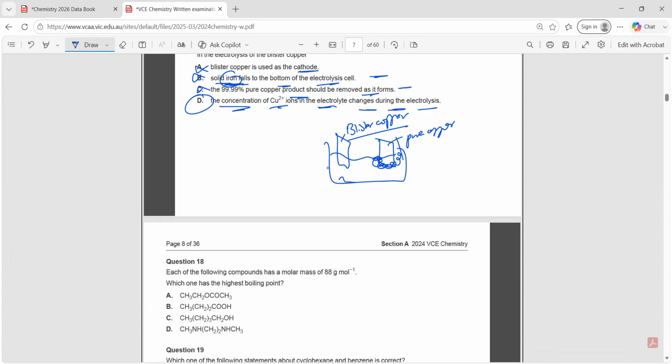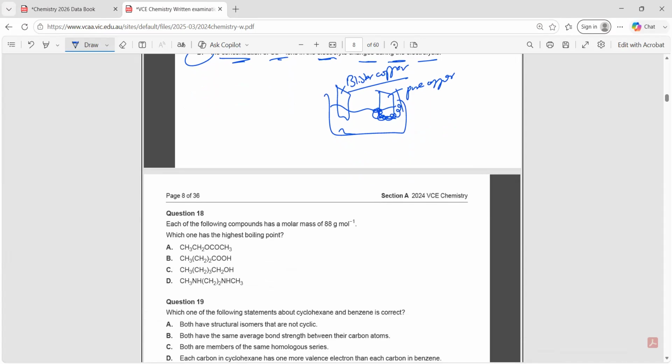Which one of the following has the highest boiling point? So that one looks like it has an ester bond. That has two hydrogen bonds there. So that looks pretty nice. However, we want to look at ones that have, so what does this look like?